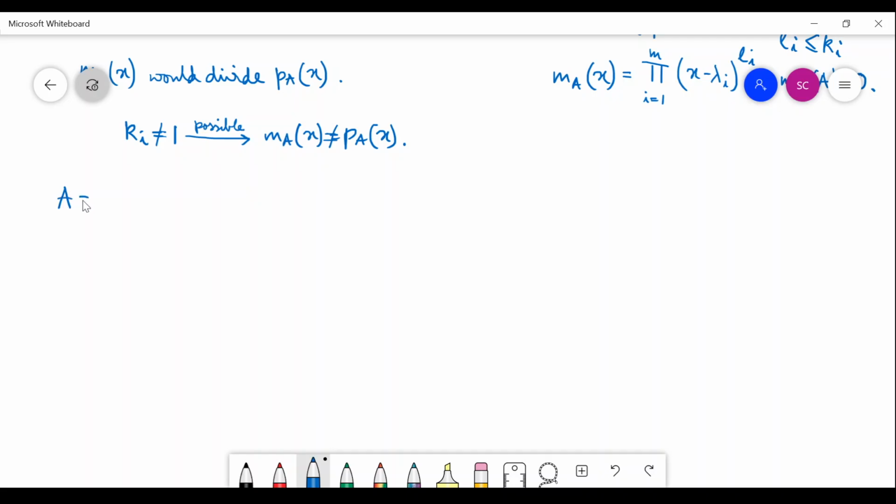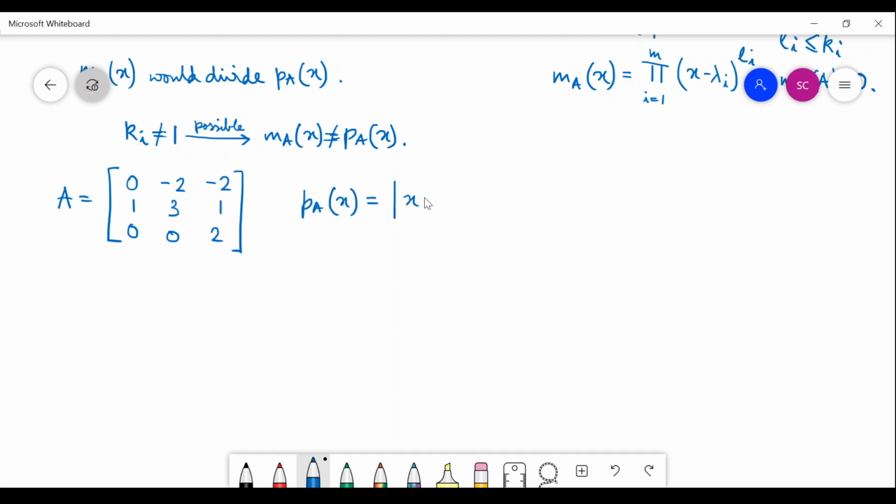Let's take this example A: 0 1 0, minus 2 3 0, minus 2 1 2. So what is the characteristic polynomial?